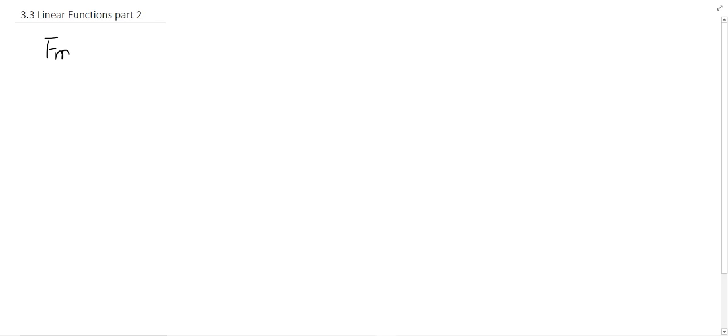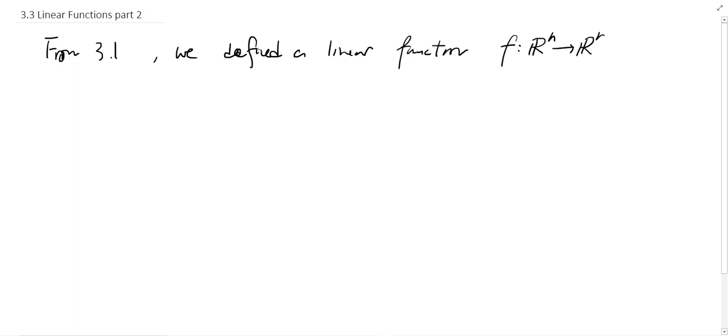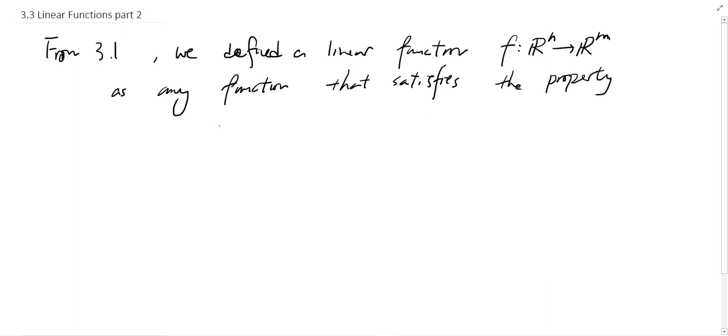So we recall from 3.1 we defined a linear function f that goes from Rn to Rm to be any function that satisfies the property f of a vector x plus b vector y is equal to a f of vector x plus b f of vector y.